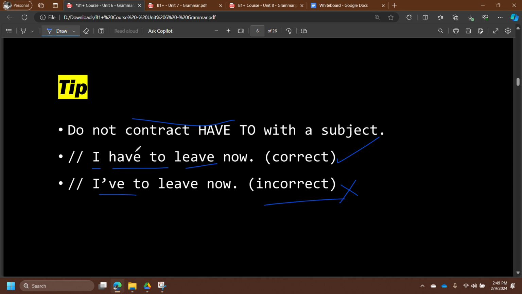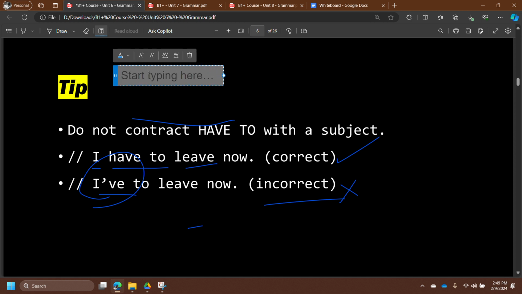We don't do that. Okay, the contraction doesn't really happen in this style, like taking have and connecting it to the subject. It does work in present perfect and those things, like I've, for example, let me just write a present perfect sentence for you. Like you could say I have killed Kudus, but you can also make it shorter and say I've killed Kudus, or any other sentence that might go along.